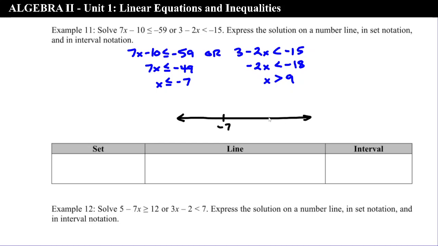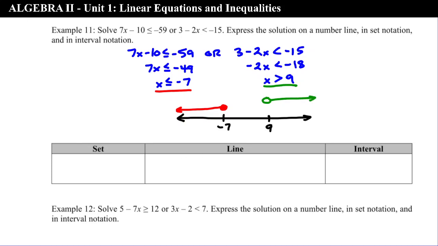So negative 7 and 9 are points of interest. For the first one, x is less than or equal to negative 7. We have negative 7 included, and since it's less than, we're going to the left. For the other one, x is greater than 9, we don't include 9, and it's greater than, so we go to the right.